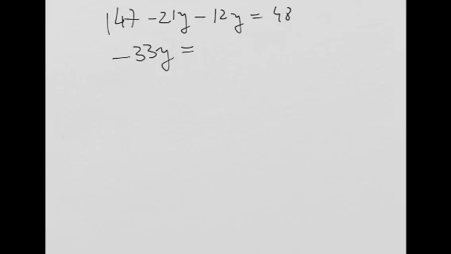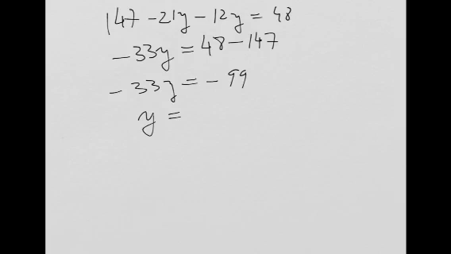Now the 147 goes to the other side, so 48 minus 147. I'm going to be careful with these signs. So negative 33y is going to be equal to negative 99. So then y is going to be negative 99 divided by negative 33. Y is going to be 3. So I got the y.